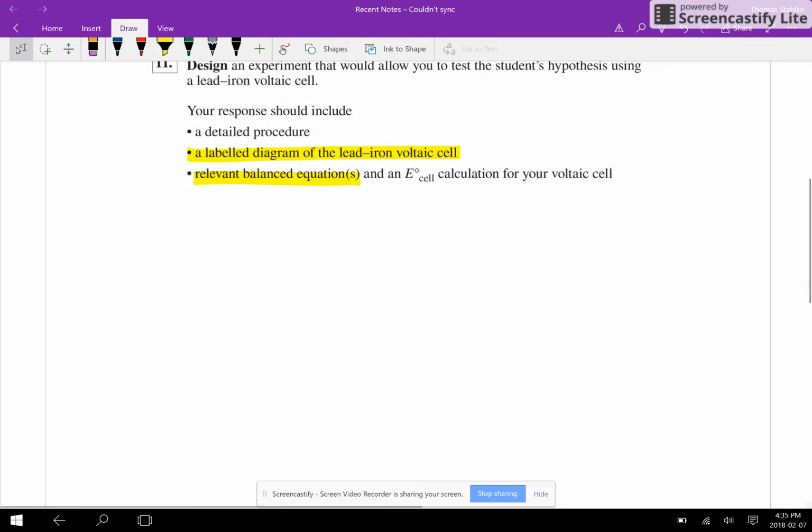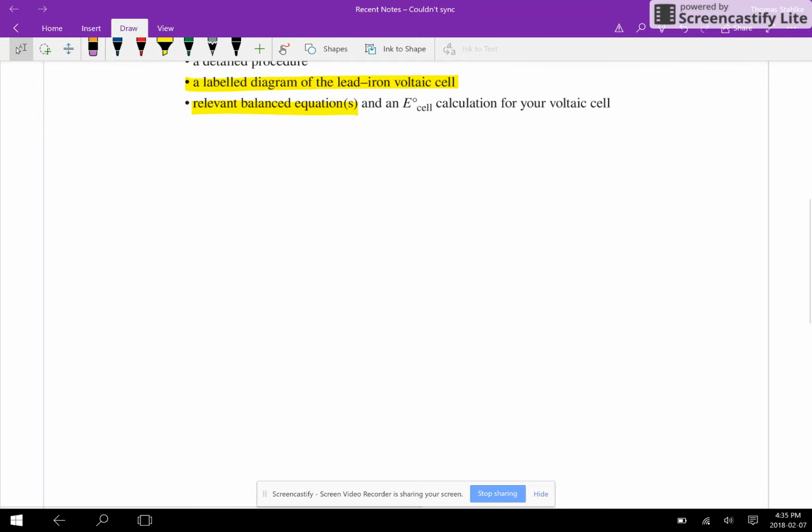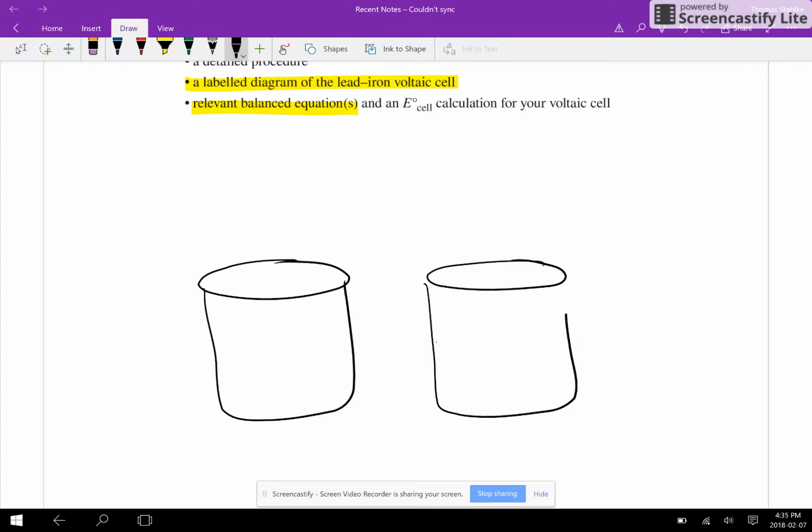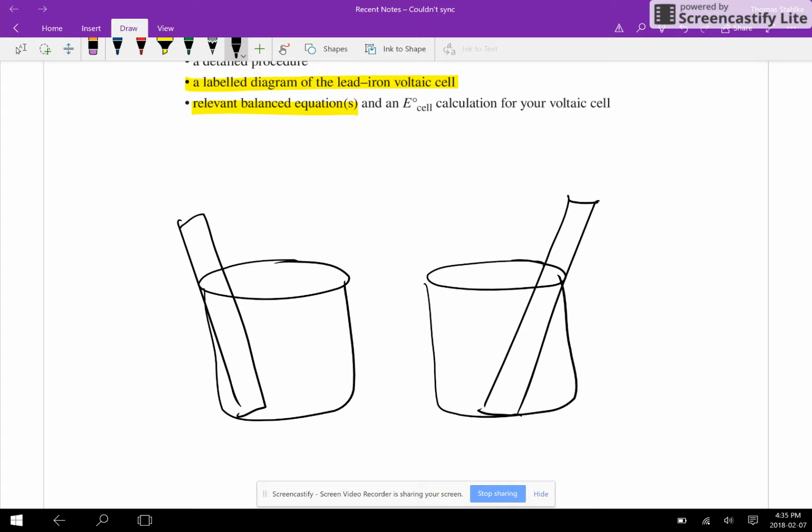So first of all, I need the containers that I'm going to use to build or draw the diagram for the lead iron Voltaic cell. So let's start here with beakers for each of the half cells and the electrodes that are going to go into these half cells.